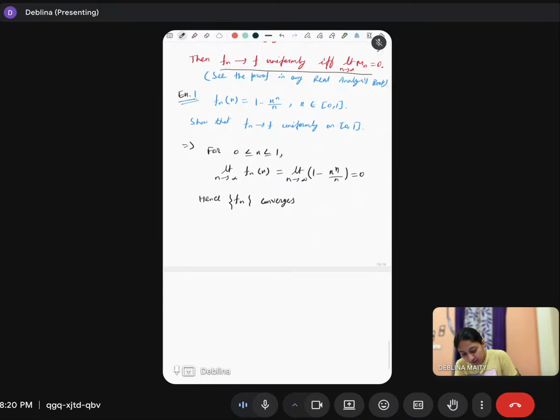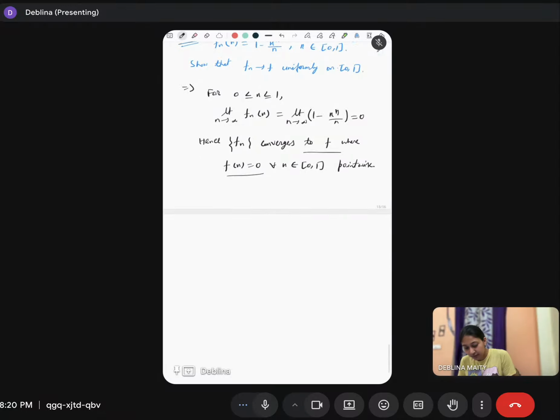So fn converges pointwise to f, where f is the zero function for all x belonging to [0, 1].